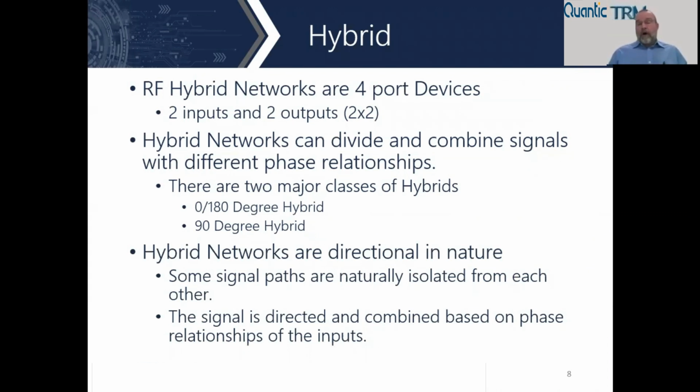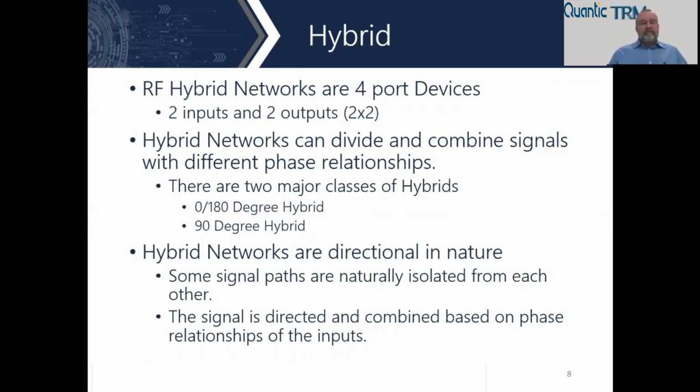What that does for an RF network is it allows you to take various signals and have them be isolated from each other, so that when you do your combining or dividing, there isn't crosstalk going on. So they're very useful for those applications.